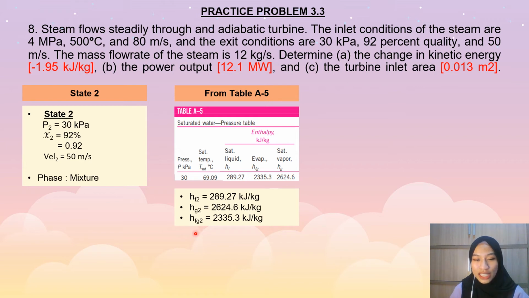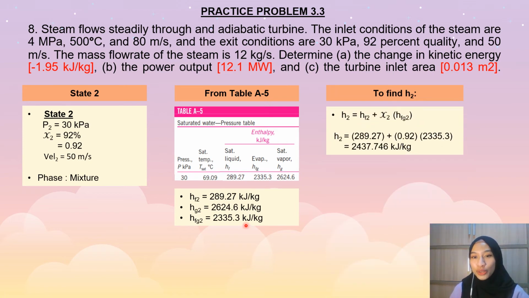And the last one, hfg, is equal to 2335.3 kJ per kg. To find the value of h, we need to use the equation of a mixture, which is h equal to hf plus x multiplied with hfg. We substitute the values into the equation and we got h equal to 2437.746 kilojoule per kg.